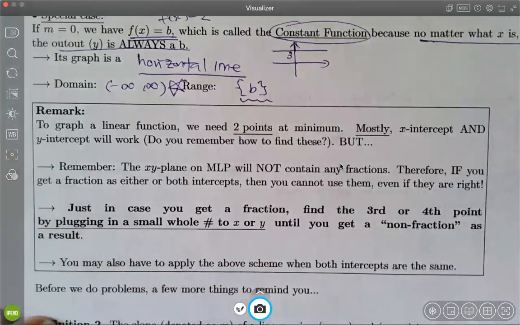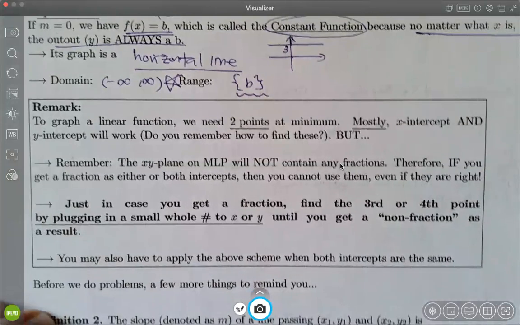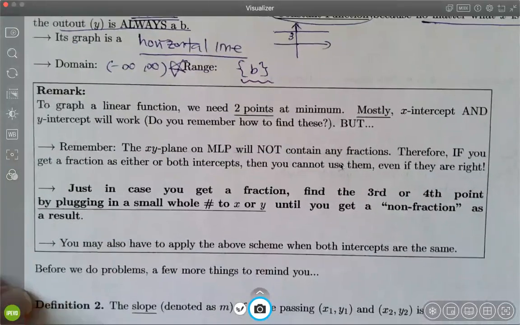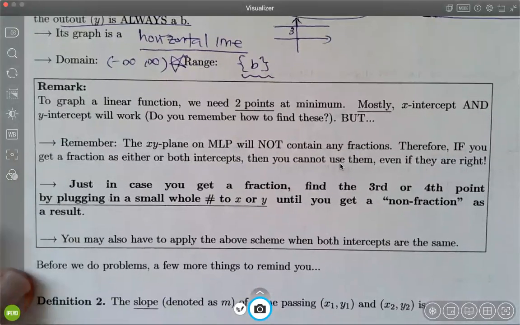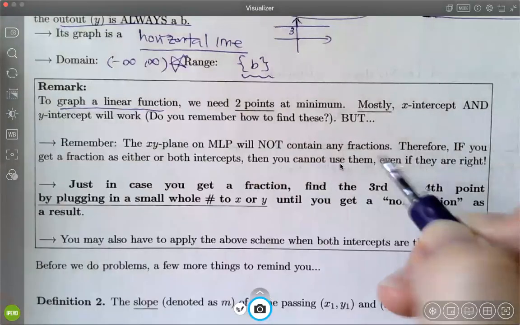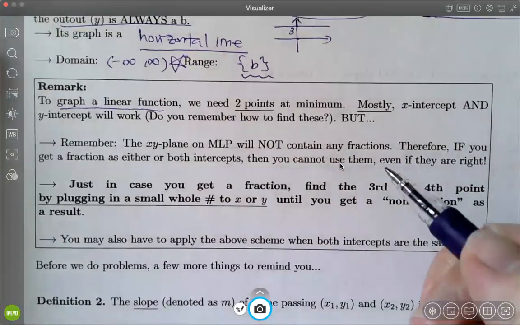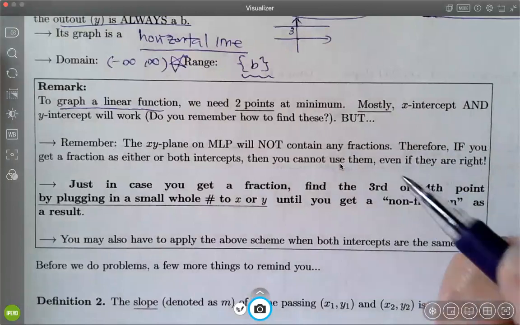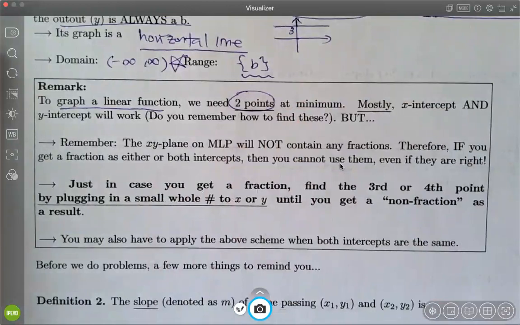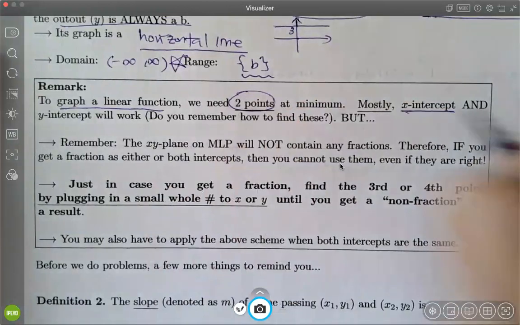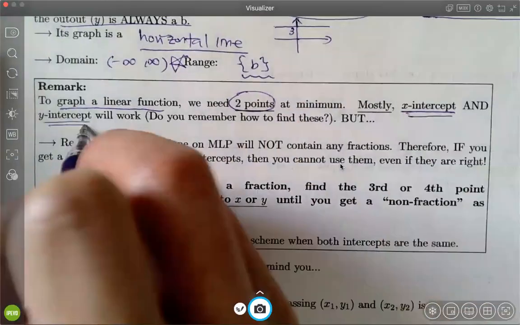Okay, so that's the special case. The next remark is not something bizarre because we have already seen this scheme before. To graph a linear function, how many points at minimum do we need? 2. In most cases, the x-intercept and the y-intercept will work just fine.